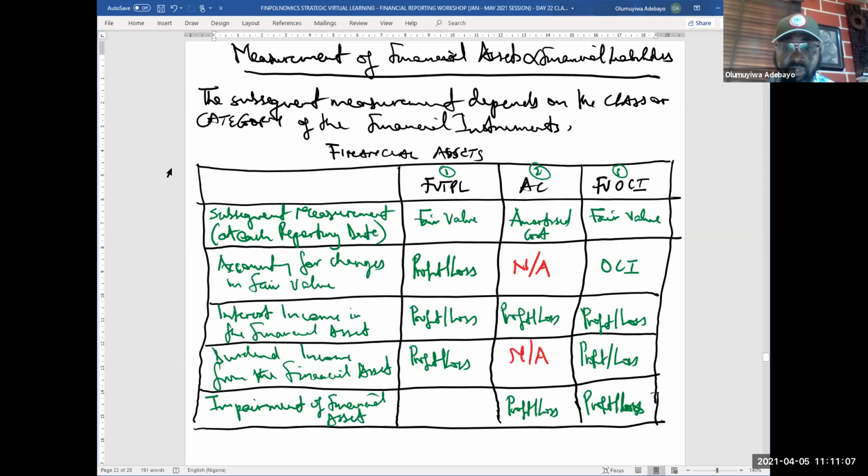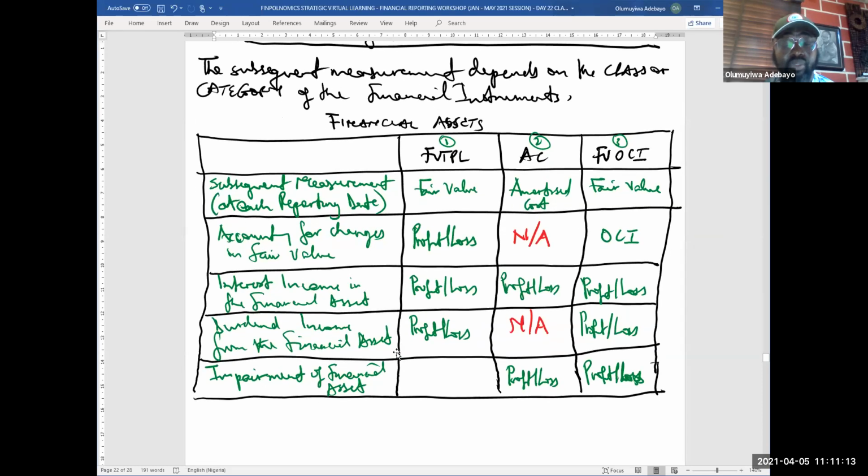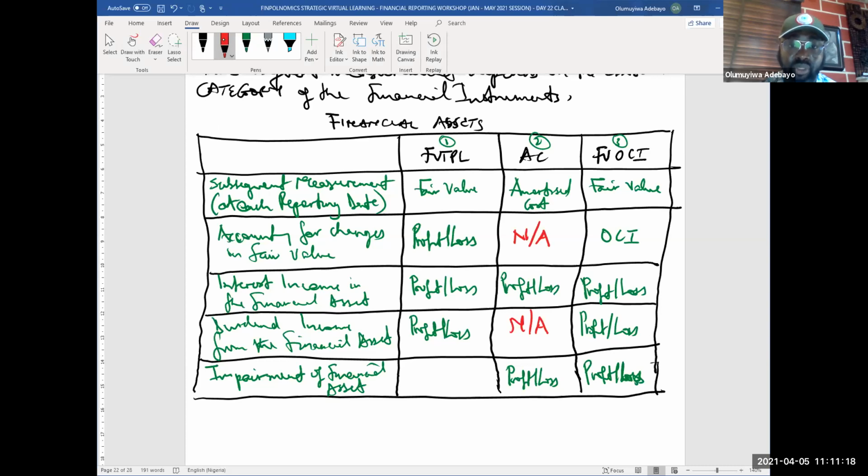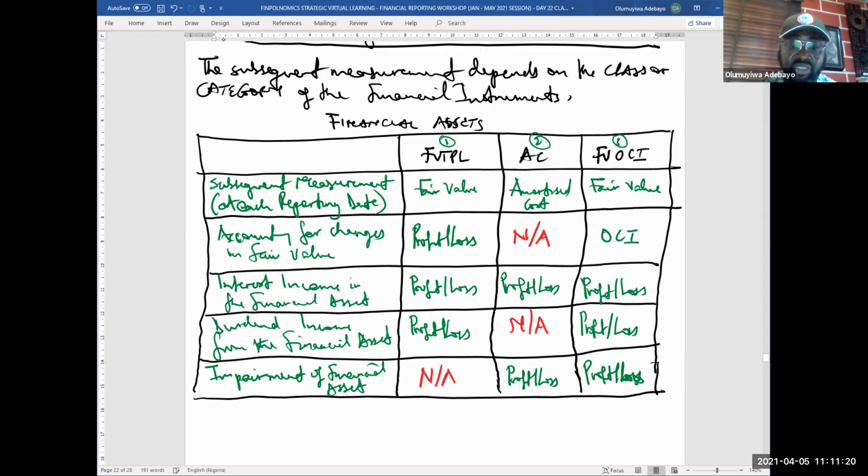Impairment loss is an expense. Impairment gain is a recovery of that initial loss, which is like an income. But it's not applicable to the fair value, profit or loss bucket.